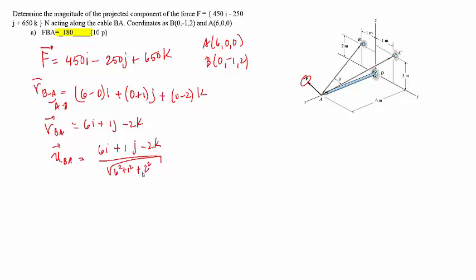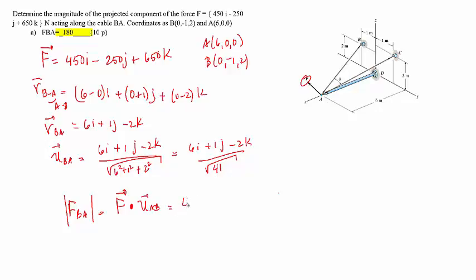Okay, so let me get this number. So this would be 6i plus 1j minus 2k divided by the square root of 41. I'm going to leave it expressed like that. So then what I have is that the force along BA, I'm asking for the magnitude in this case, would be F dot UAB.